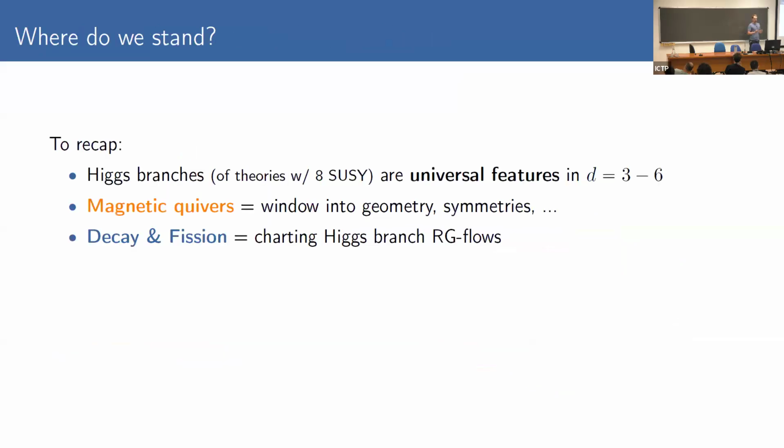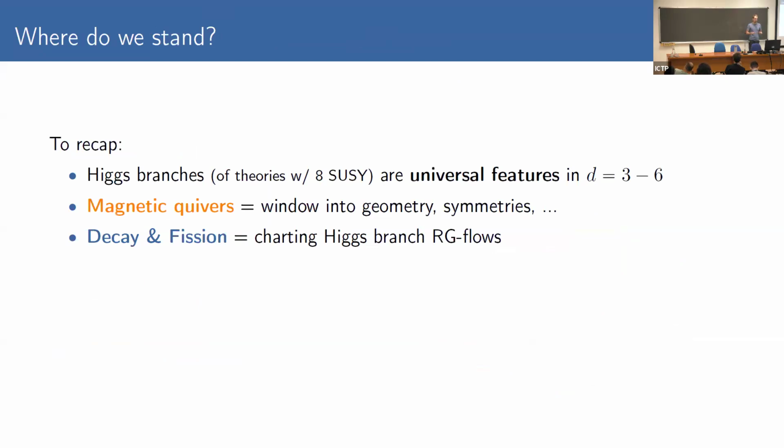So that was the introductory slide of there's a problem and there's a solution. The problem is, well, not a problem. The feature is that Higgs branches are actually a very nice and universal quantity that you can study of theories with 8 supercharges across dimensions, and it fits into the scheme. We want something that is robust, computable to some extent, and it's useful for a large class of theories, right?